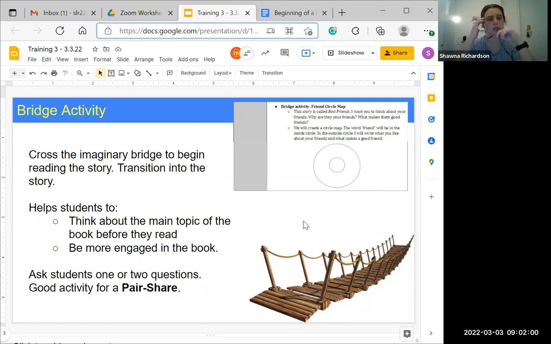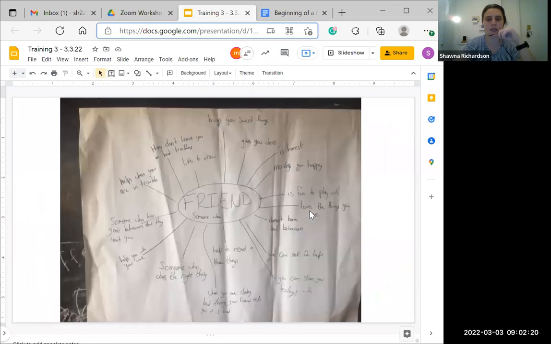Now that you've learned many vocabulary words, you want students to think about the main topic of the book and get excited to read the story. If they're talking about what makes a good friend, they'll be excited to read the story about a best friend.